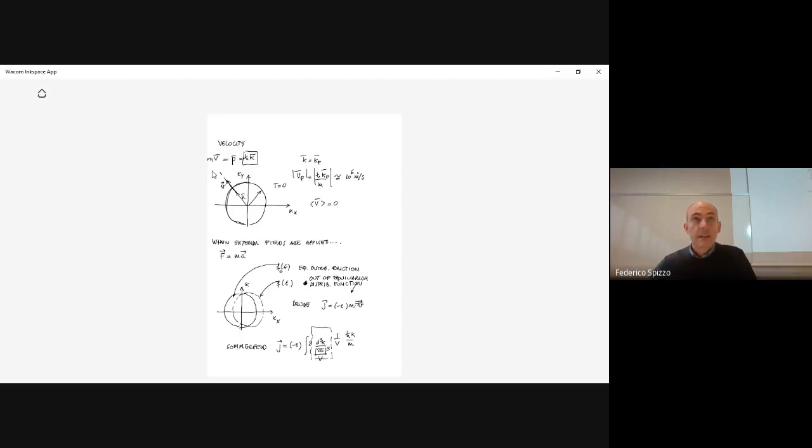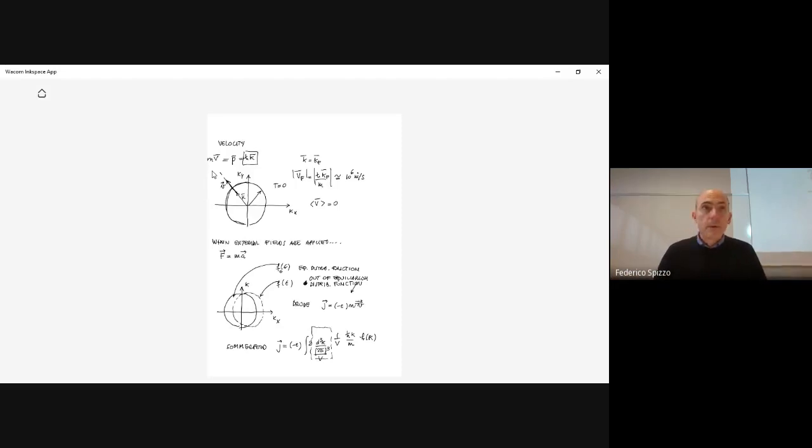What is missing here is the distribution function. So we also need f of k, where if f of k is f0, that is the equilibrium distribution function, we expect that this integral is equal to 0. If something modifies f0 and turns f0 into f, then I put here f, and I hope that the deviation of f with respect to the equilibrium value may produce a velocity that is different from 0.